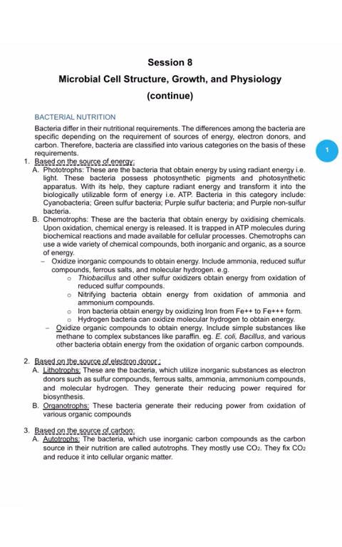But here in chemotrophs we are speaking about oxidation. So this type of bacteria oxidizes chemical compounds to get its energy stored in the form of ATP. They differ in the type of chemical compounds, either inorganic or organic.